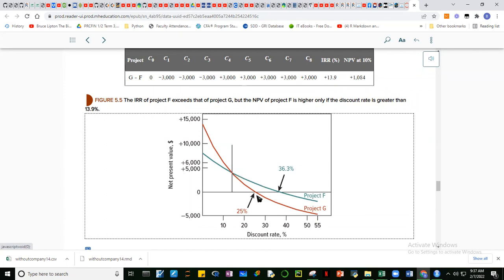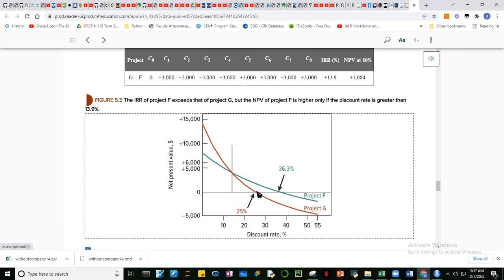Now, when the cost of capital is between 25% and 36.83%, of course, definitely we choose project F, because the NPV of project F is greater than that of project G. Beyond 36.3%, we reject both projects.